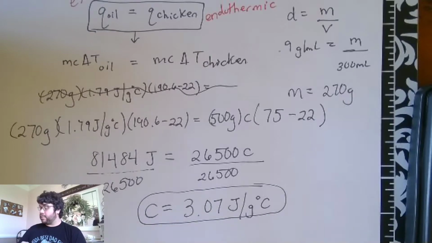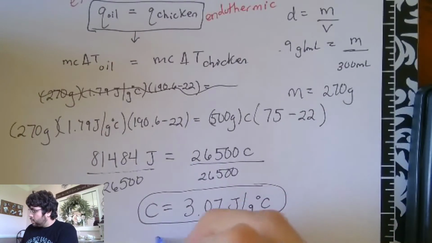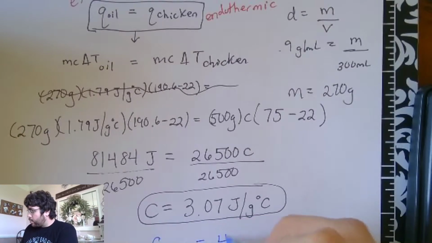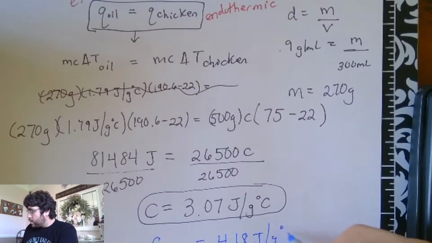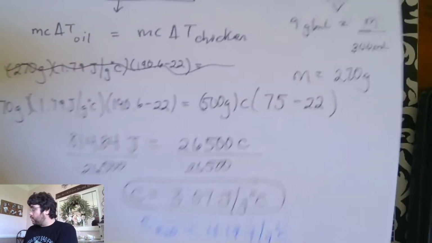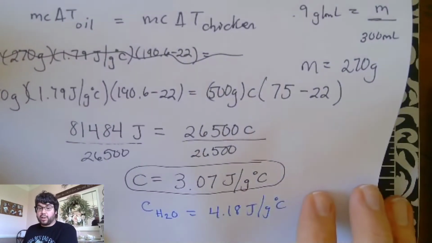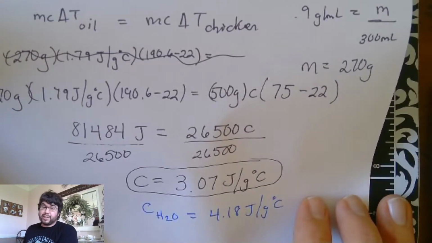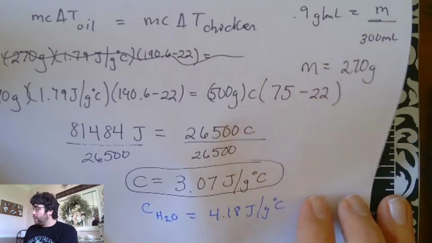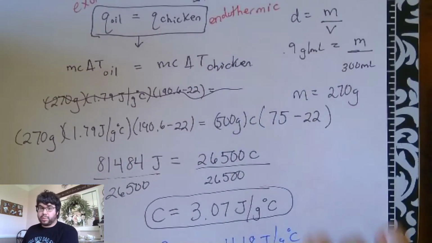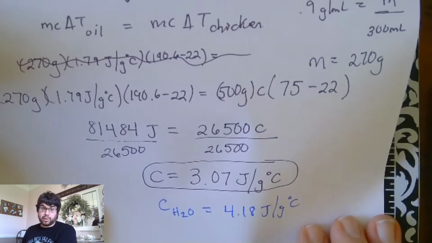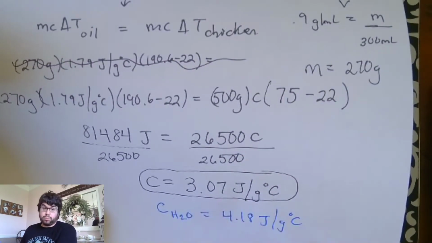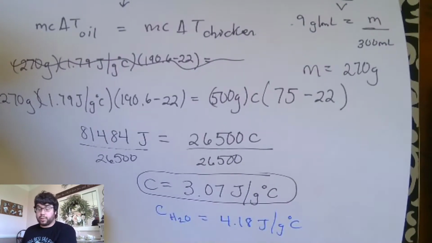So this specific heat is pretty dang close to the specific heat of water, which you'll remember is 4.18 joules per gram Celsius, right there. So something to just keep in mind. Specific heats are usually really small numbers. Most substances aren't really good at taking in heat. Some are, like water is one of them. But cells are pretty good at taking in heat. And that's a good thing for us too. Specific heat of human muscle cells is probably pretty close to a chicken's.